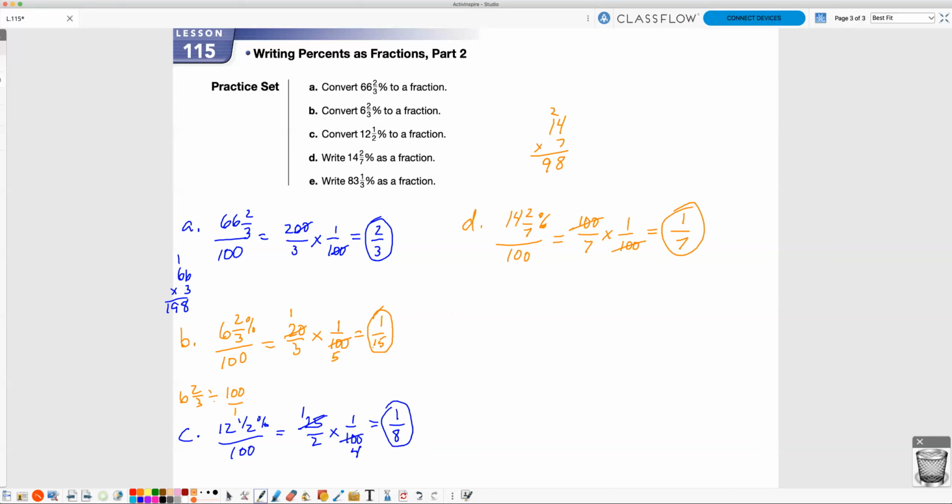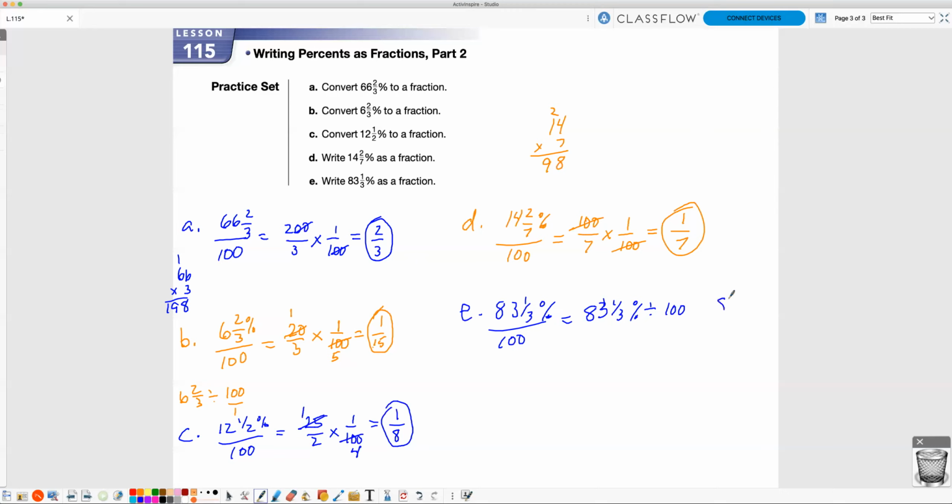And letter E, your final one, write 83 1/3% as a fraction. Remember, you're dividing it by 100. So in case you've been missing this, it's 83 1/3% divided by 100. That's what that means. So I need to convert 83 1/3.